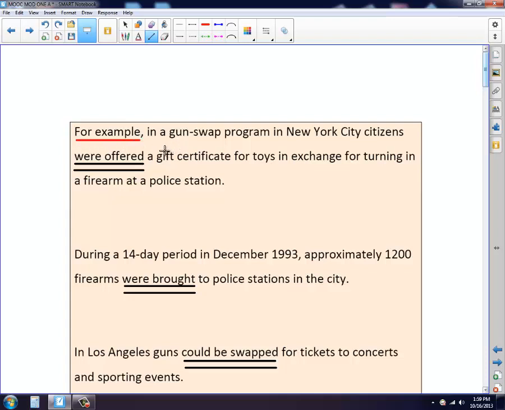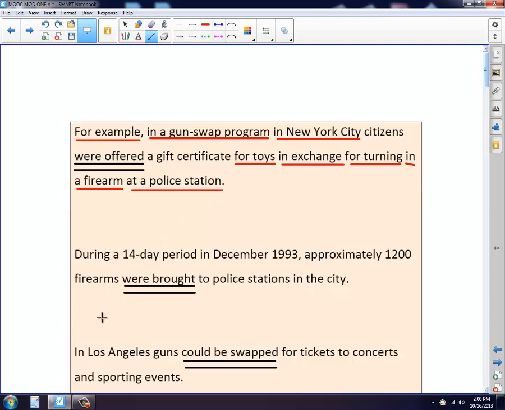For example, in a gun swap program in New York City, for toys, in exchange for turning in a firearm, and at a police station are all prepositional phrases.